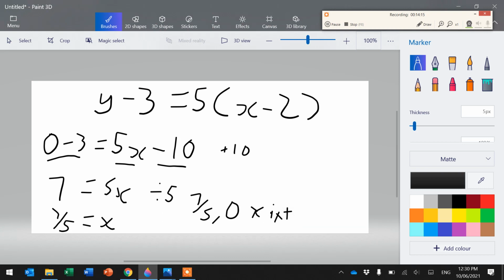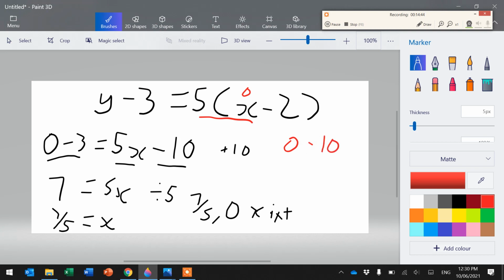Now it's much easier to just make x equals 0. If we make x equals 0, again we'll go a different color. It will be y take 3 equals 5 times 0 minus 2. 5 times 0 is our first thing that we'll do, and we'll make that 0. 5 times minus 2 will be minus 10.